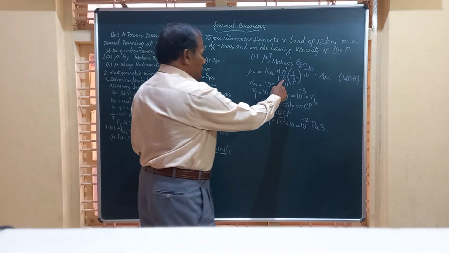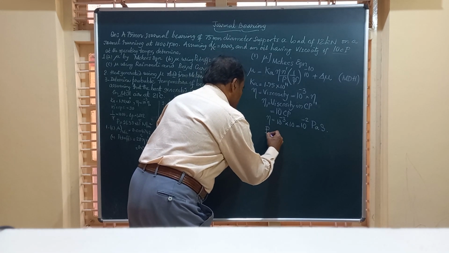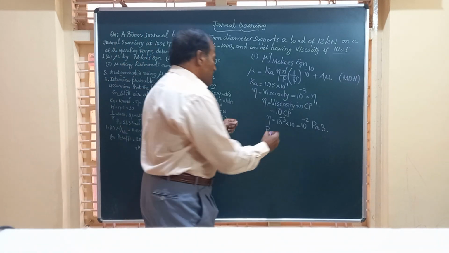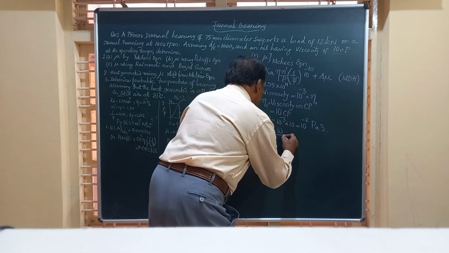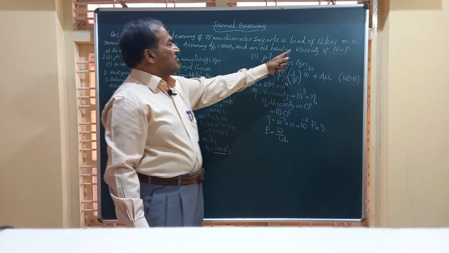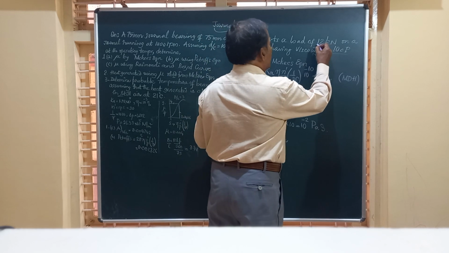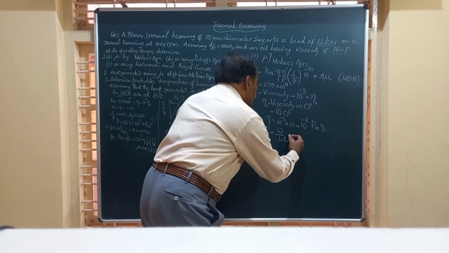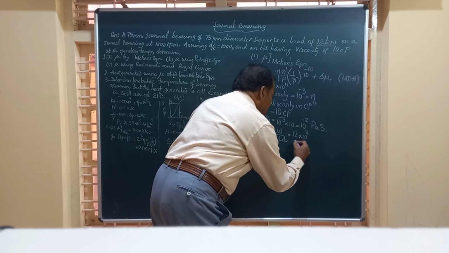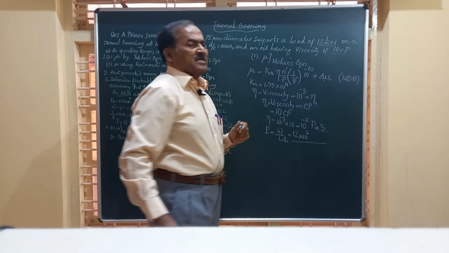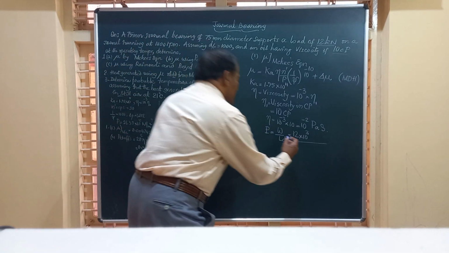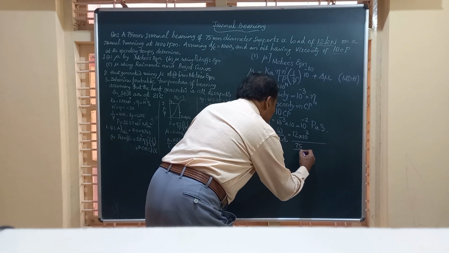So you should be very careful regarding the units used in this, friends. Next comes the term P. P is the pressure. So this is given by W by LD. So this W is the load the bearing has to withstand. So this is 12 into 10 to the power of 3 divided by L and D. L is the length of the bearing, that is given to be 75, so 75 divided by 1000.